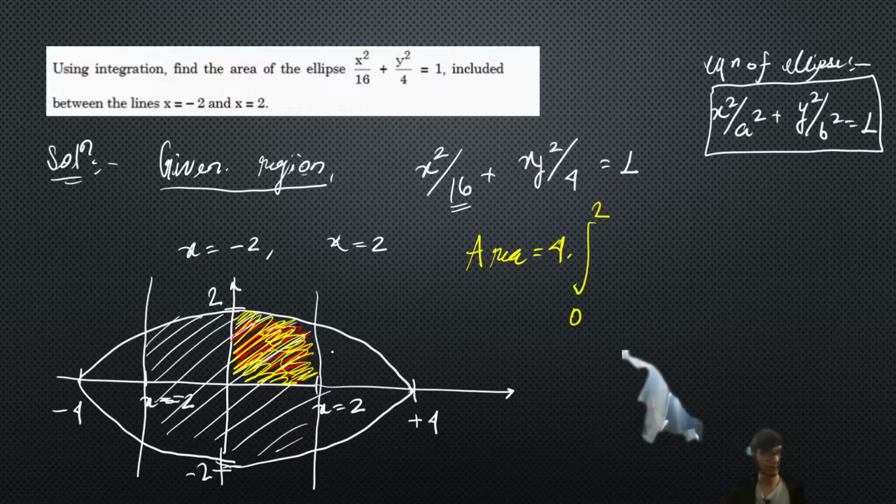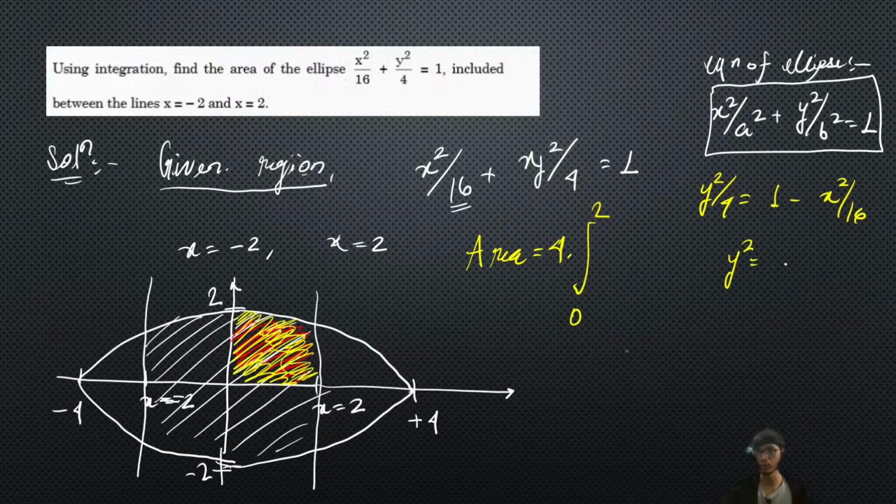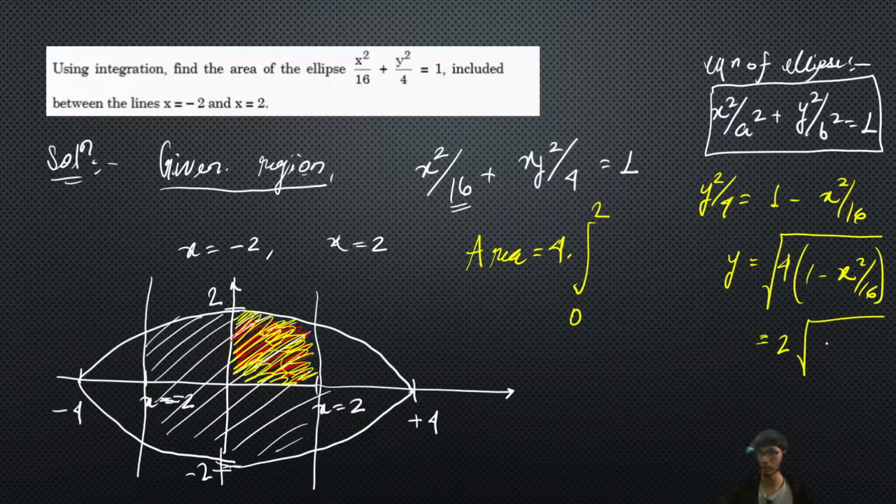I will do the easy way around. y square upon 4 is equal to 1 minus x square upon 16, so y square is equal to 4 times 1 minus x square upon 16. Taking the square root of both sides, y equals 2 times the square root of 16 minus x square by 4. So this is going to be half times the square root of 16 minus x square. As simple as that.